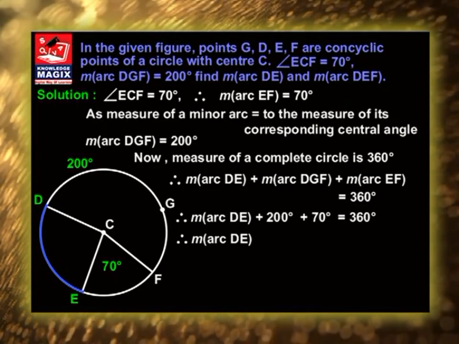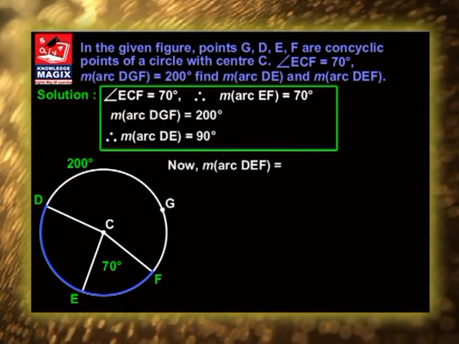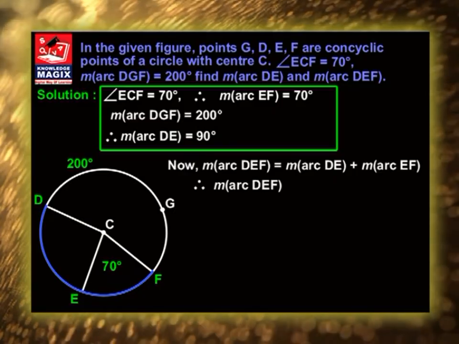Therefore, arc DE plus 270 is equal to 360. Therefore, arc DE is equal to 360 minus 270 is equal to 90 degrees. Now, arc DEF is equal to arc DE plus arc EF. Therefore, arc DEF is equal to 90 plus 70 is equal to 160 degrees.